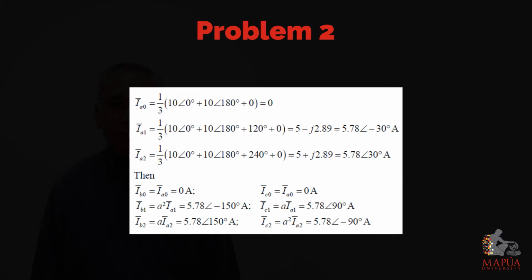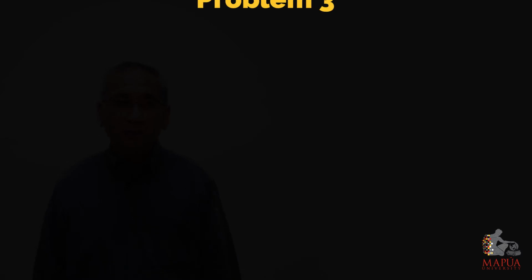IC1 is equal to A IA1, and that gives us a magnitude of 5.78 angle positive 90 degrees amperes. For IB2, that is equal to A IA2, equal to 5.78 angle 150 degrees amperes. IC2 is equal to A square IA2, and that gives us 5.78 angle negative 90 degrees amperes.